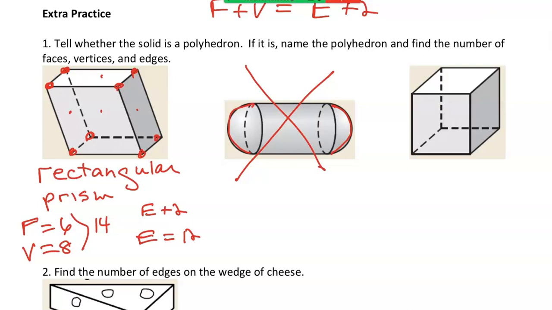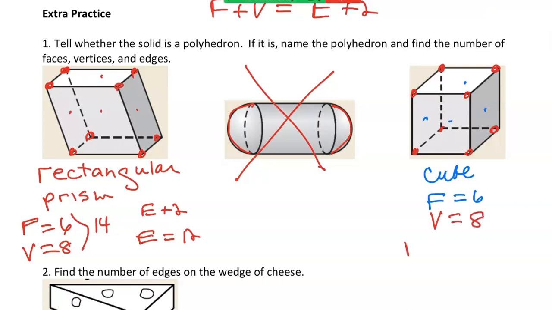Okay, so let's look at the next shape, and that is our famous cube that we drew earlier. A cube has 6 faces: the front and the back, the right and the left side, and the top and the bottom. Vertices, again, I just do them in the corners. That's 4 up top and 4 below, so vertices equal 8.